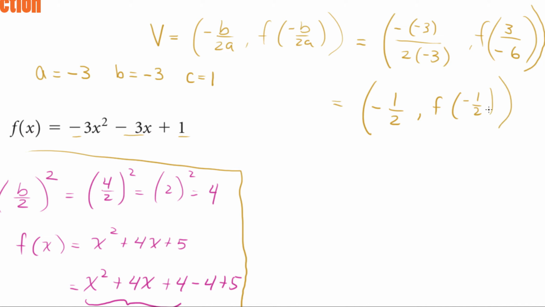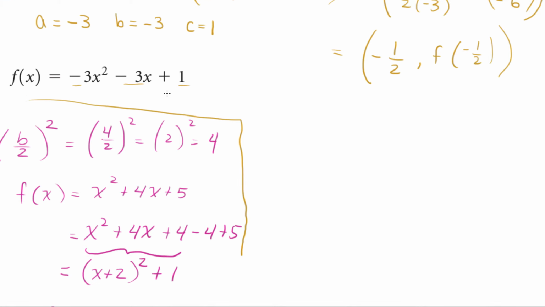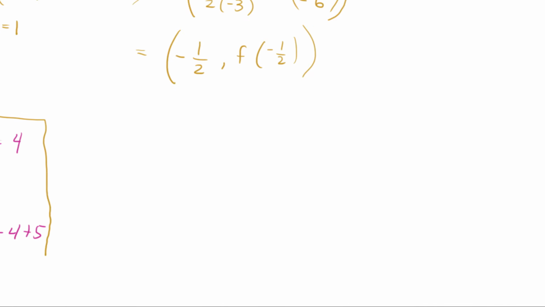Now, as you might see already, we have to deal with fractions, which you guys are already very familiar with. So let's plug in -1/2 into my function and see what I get. So you have f of -1/2 to be -3 times -1/2 squared minus 3 times -1/2 plus 1.